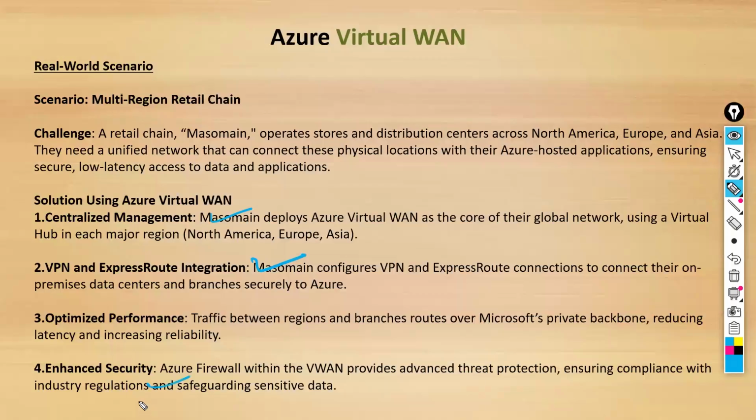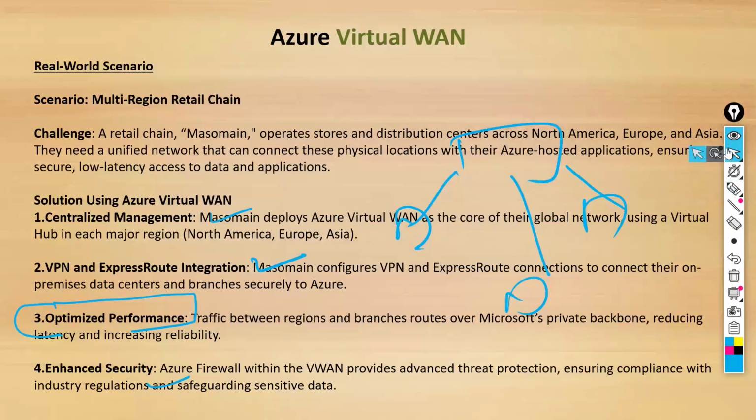The performance is going to be on the better side, because my entire network is routed on the Microsoft backbone network. The entire communication from here to there is happening on that Microsoft backbone network. That's a short brief on VWAN.